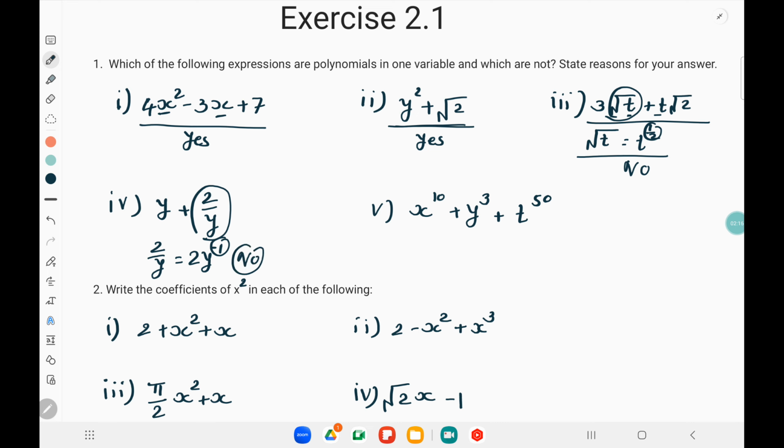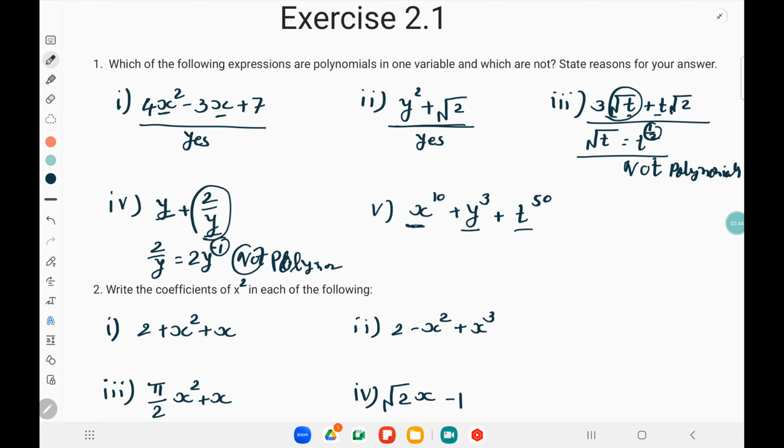If it is not a polynomial, then it doesn't matter whether it has two variables or one. The first condition is not fulfilled, so it is not a polynomial. Okay, let's see the fifth one.